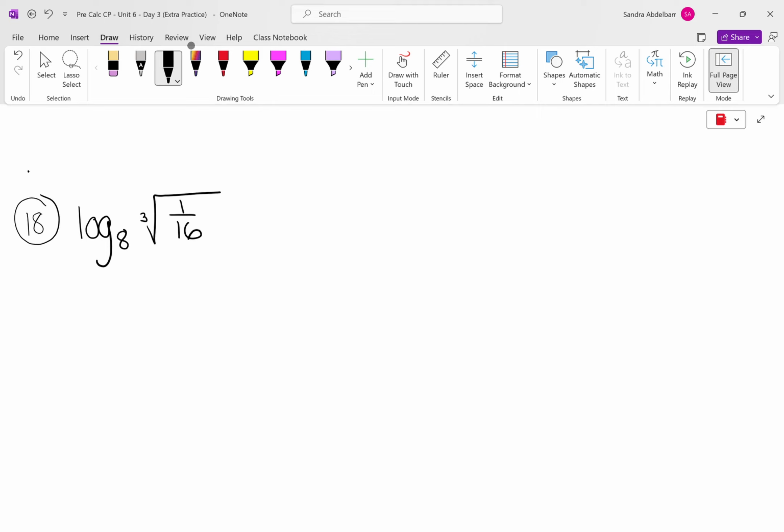Well, every time I have a radical, what do I want you to change it to? An exponent. I don't want to deal with radicals. So this is log base 8 of 1 over 16 raised to the 1/3. Now change it into exponential for me.